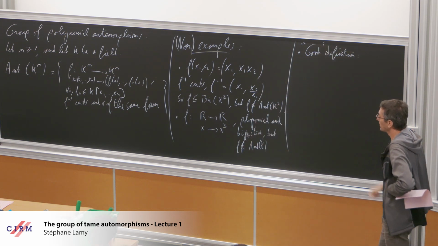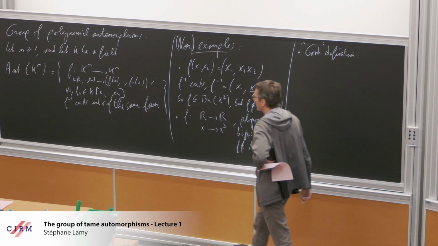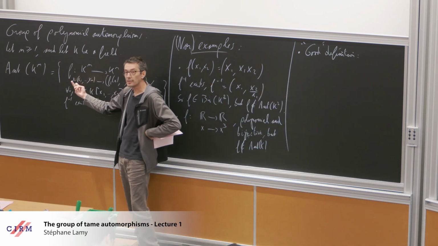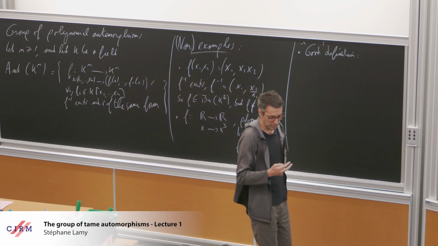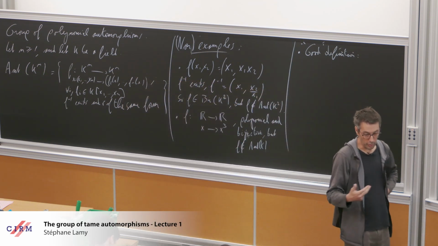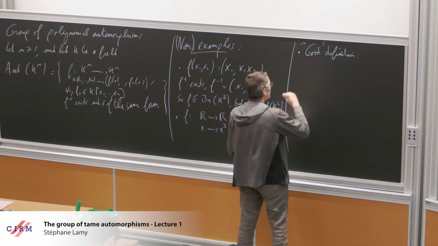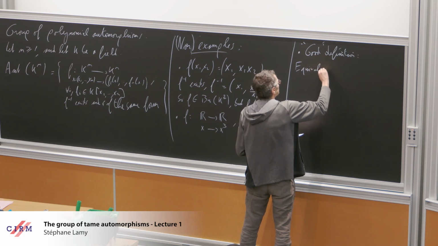You should say that a polynomial automorphism does not really act on the points, it should act on the functions. So you should see it as an automorphism of the ring of polynomials. So that's what it should be, if you want a good or equivalent definition.